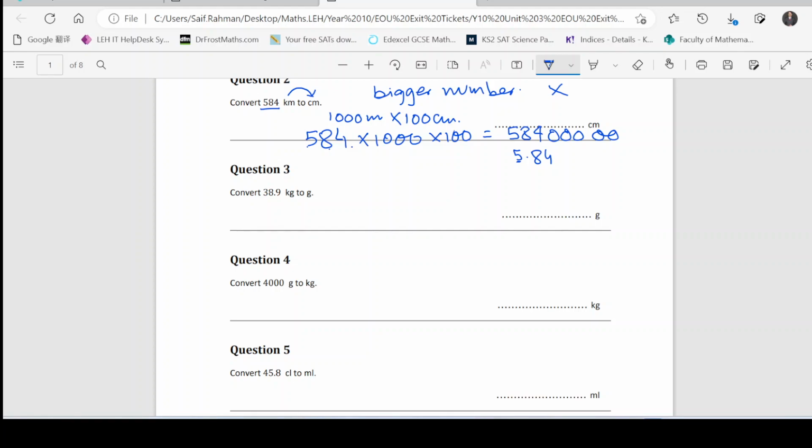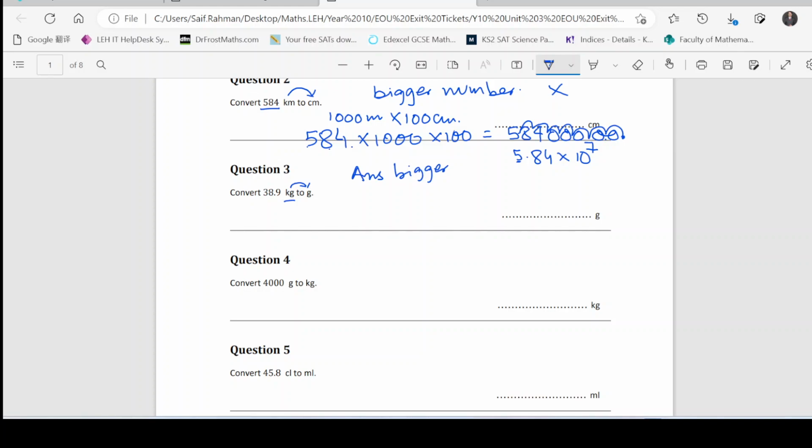And in this question, from kilogram to gram, from a bigger unit you are moving to a smaller unit. When you convert into a smaller unit, the answer which we will get will be a bigger number. So to get a bigger number, we multiply 38.9 with what number?